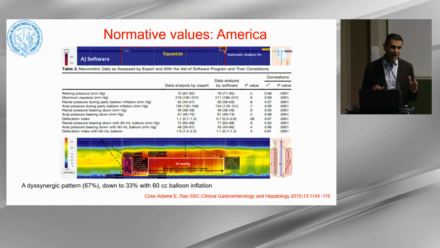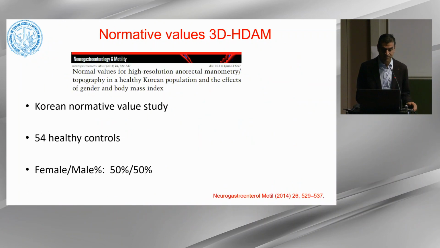So that means that maybe this technology, I mean, Jung showed us previously that the dyssynergic pattern in healthy controls can be present, but I think for this technology we have to be very careful because it's showing a higher prevalence of these patterns even in asymptomatic volunteers.